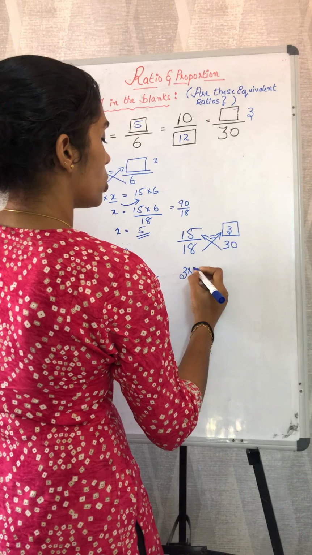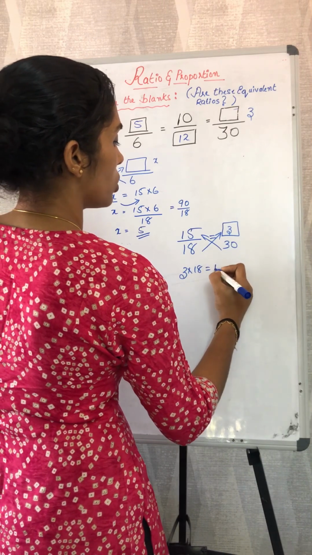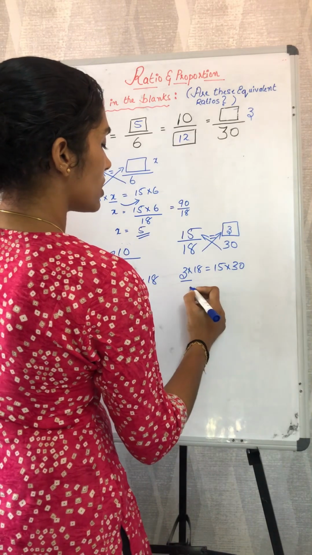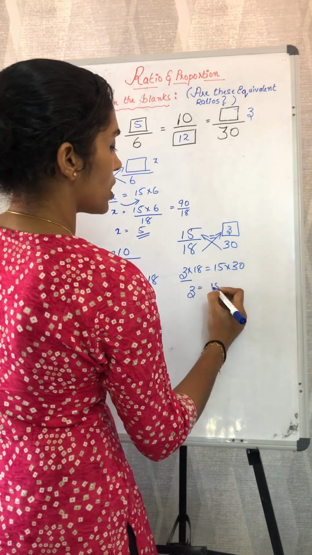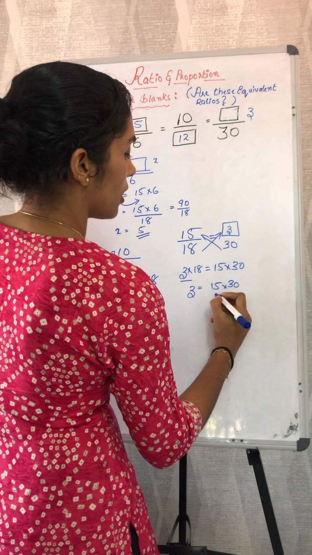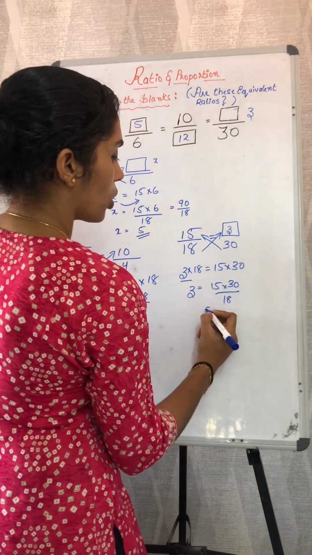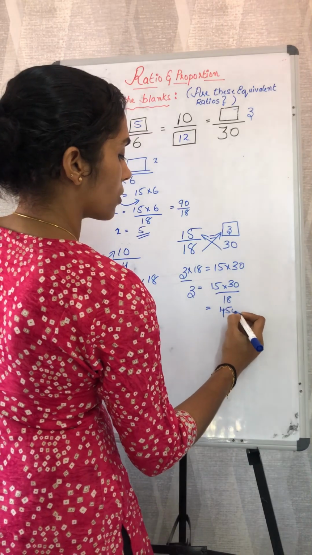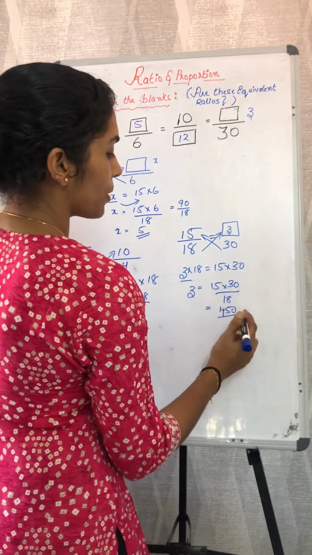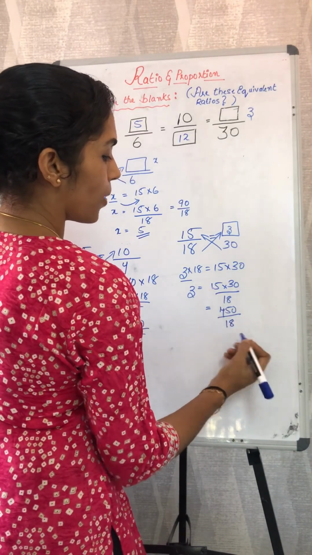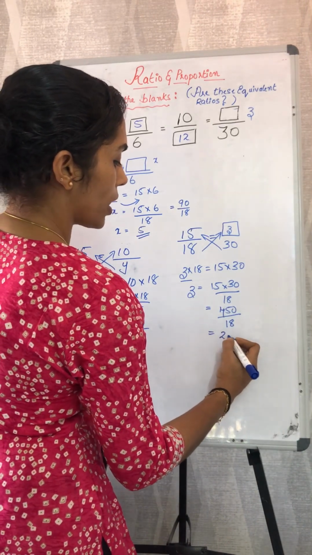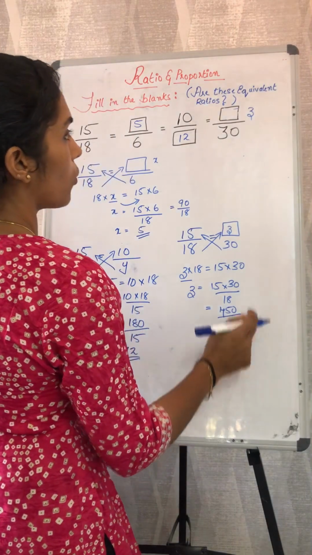So z into 18 is equal to 15 into 30. We need this z alone, so z is 15 into 30 divided by 18. 15 into 30 is 450. Hope everyone knows multiplication. So 450 divided by 18, you get 25. So now you got your z.